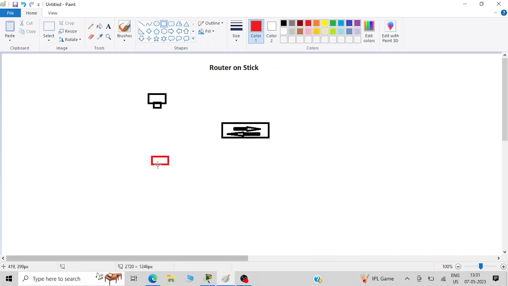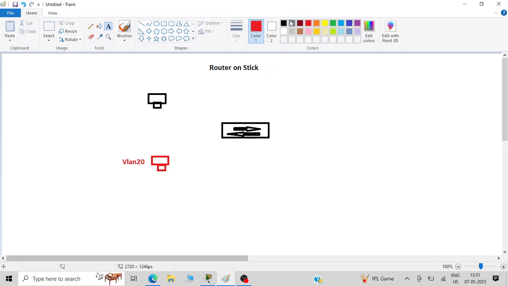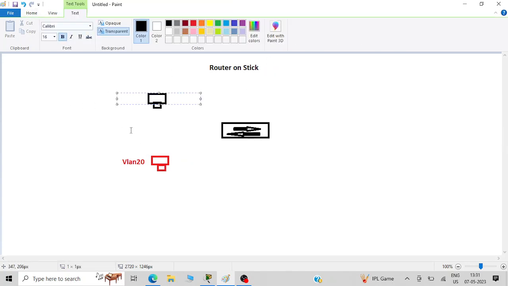So let's say this host over here is in VLAN 20, and this host is in VLAN 10.